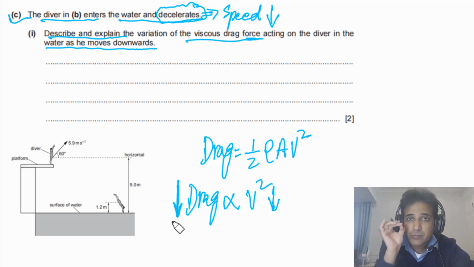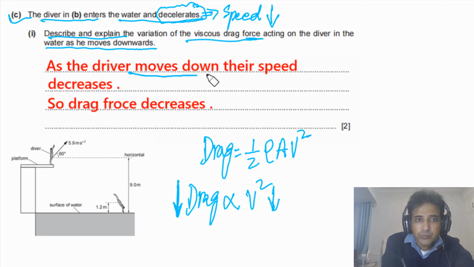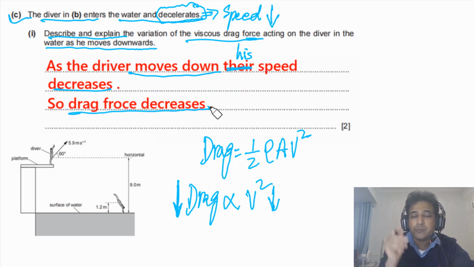So this is what you need to understand. So how can we write down the answer? Simply you can say as the diver moves down, his speed decreases, so drag force decreases. If you write these 2 points, you will get 2 marks.